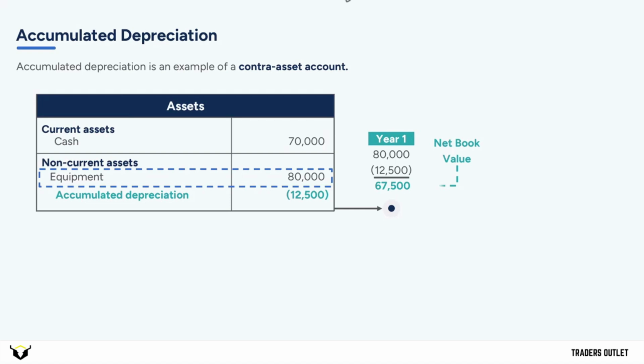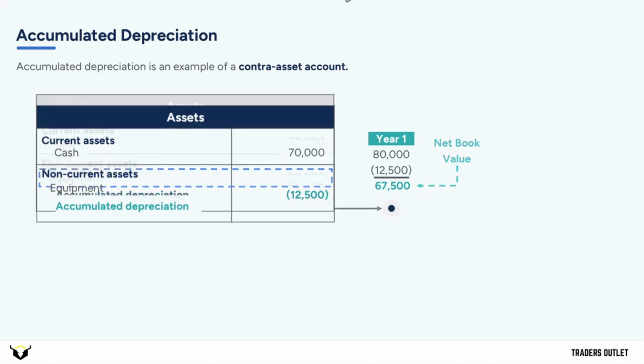I also like to think of the financial statement reader. So another way we can explain this is that what we're trying to communicate to that reader is that of the original 80,000 we spent on the asset, we have expensed so far 12,500, but we still have another 67,500 to expense in the future.